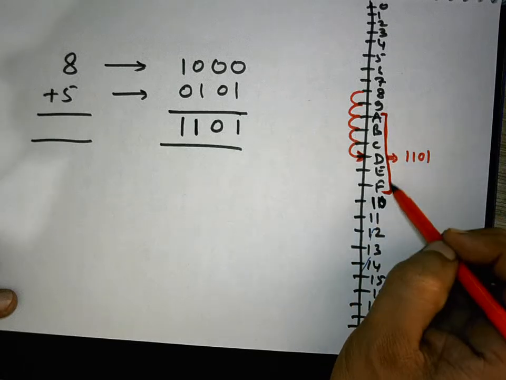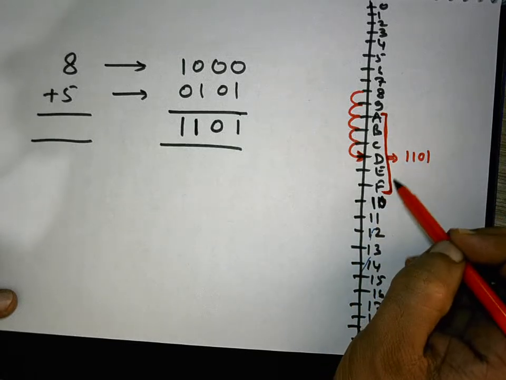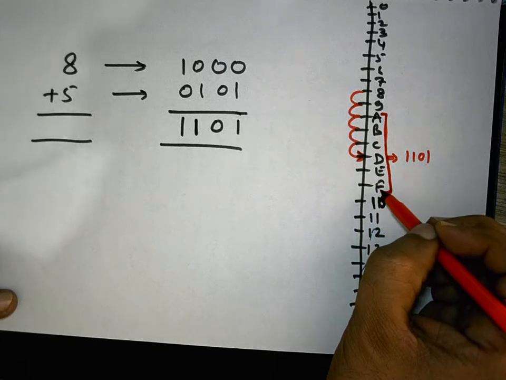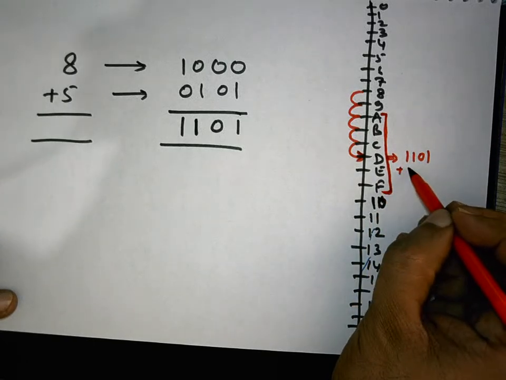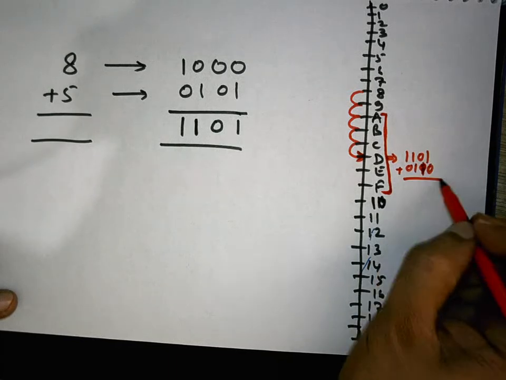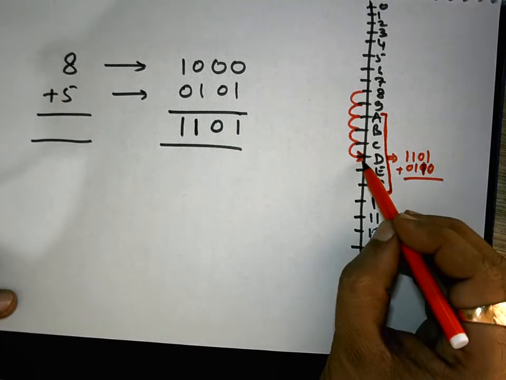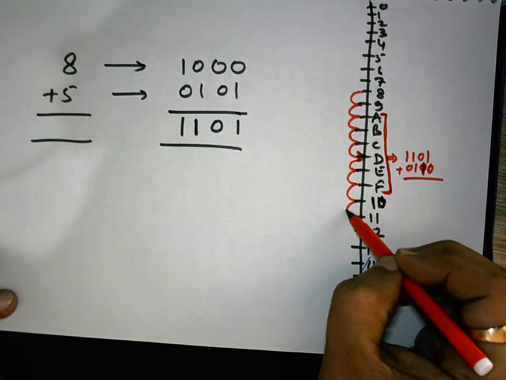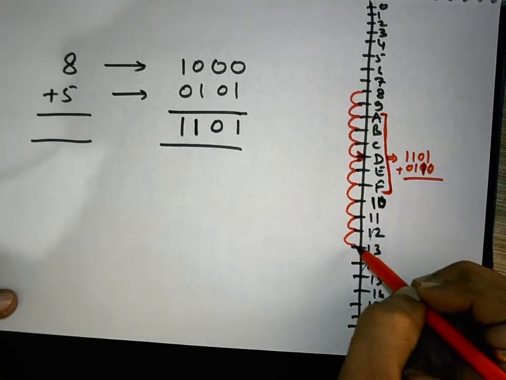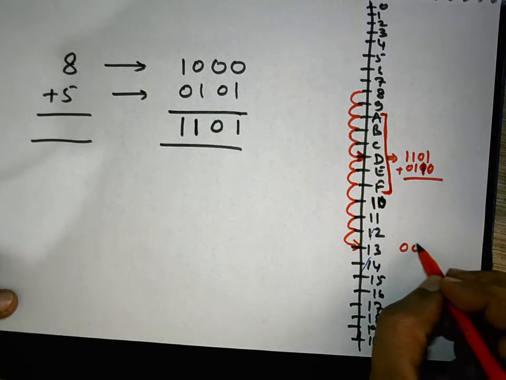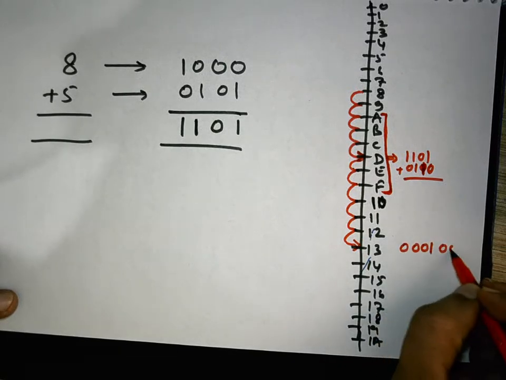It can be avoided simply by skipping these 6 codes, and this can be done by simply adding 6 to the result. So if we add 6 to our result, where will we reach? 1, 2, 3, 4, 5 and 6. We will reach 13. 13 means it is 0 0 0 1 and 0 0 1 1.